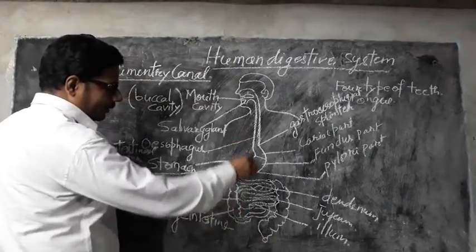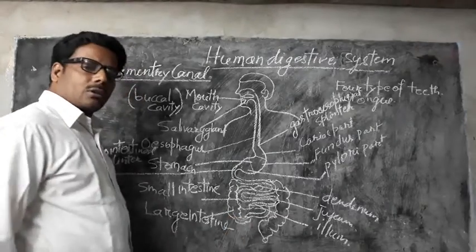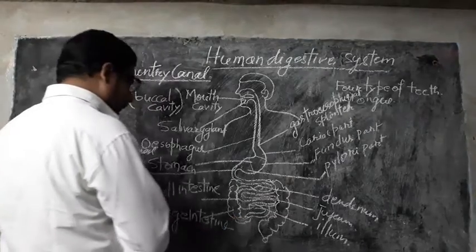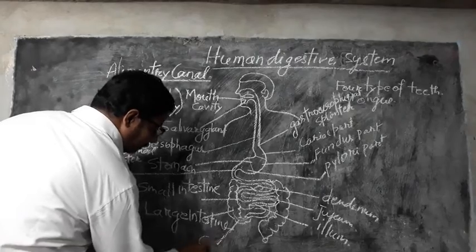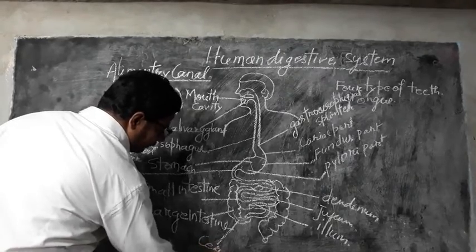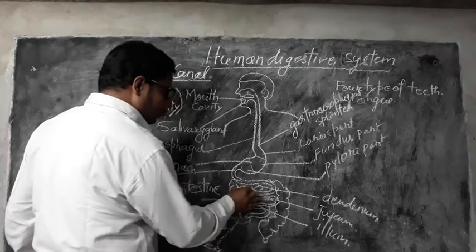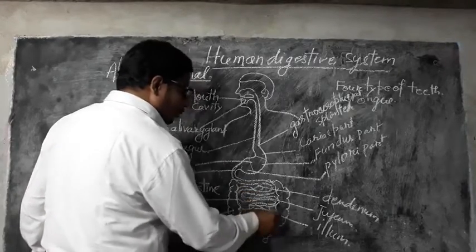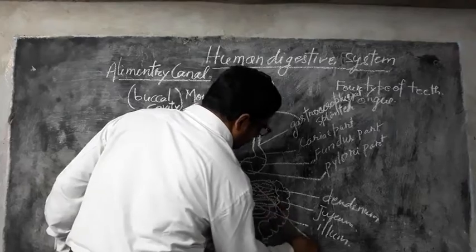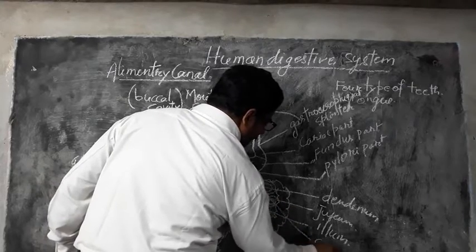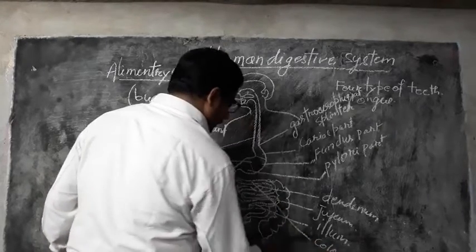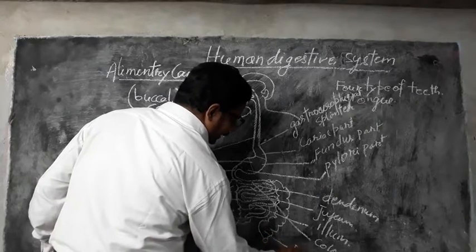The large intestine also has three parts: cecum, colon, the middle portion, and the last one is the rectum.